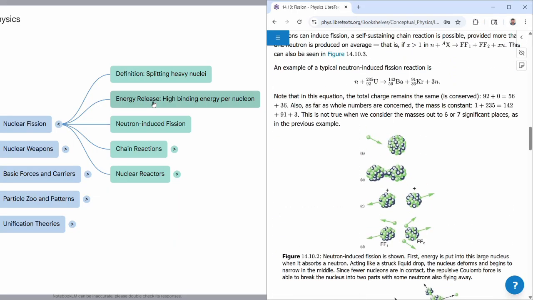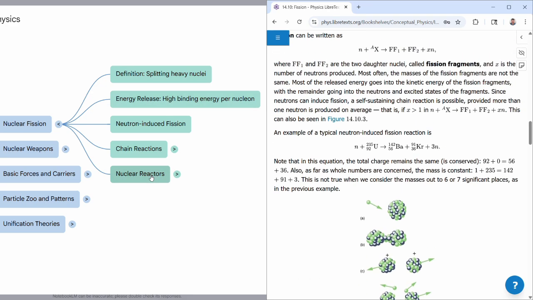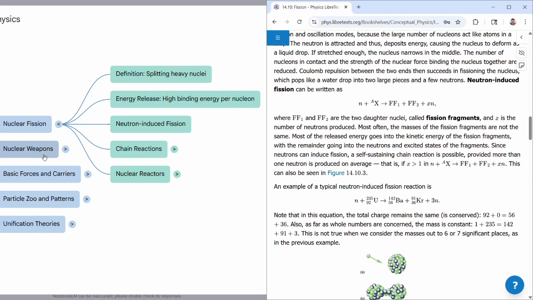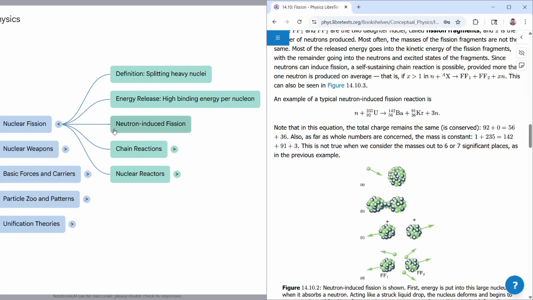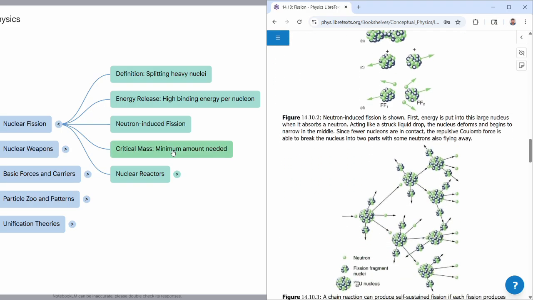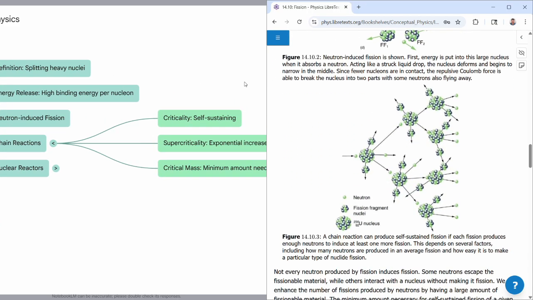Now, when we are looking at a fission reaction, either in a nuclear reactor or in a bomb, we are inducing this process through the introduction of a neutron. And a key part is what we call a chain reaction. And I have a nice PhET simulation that illustrates that.